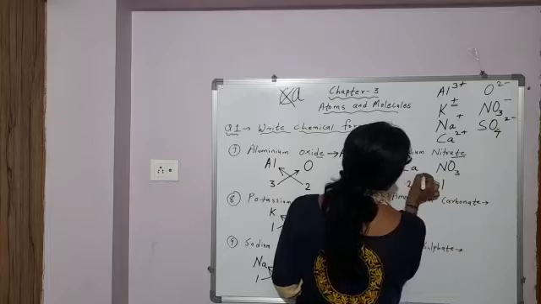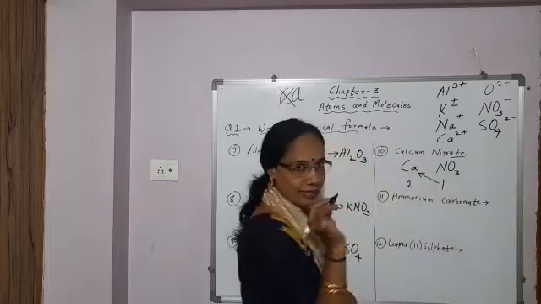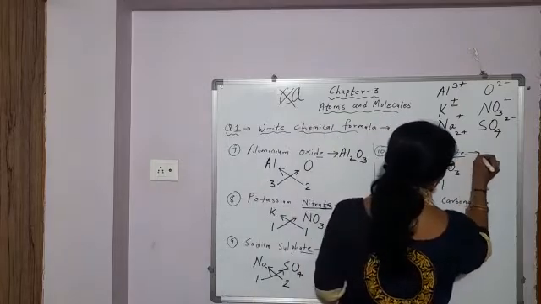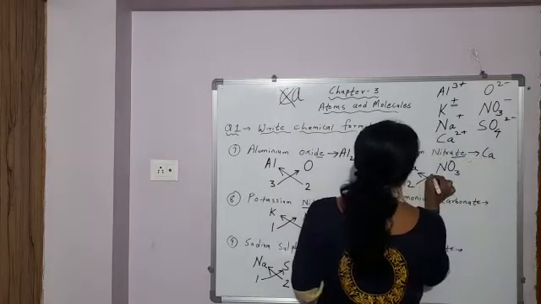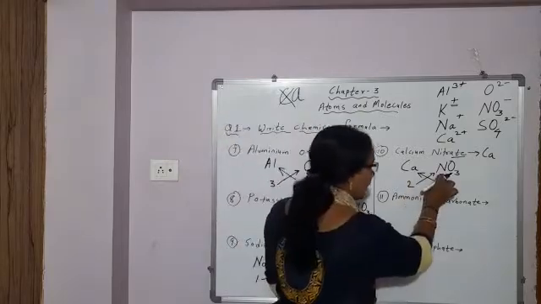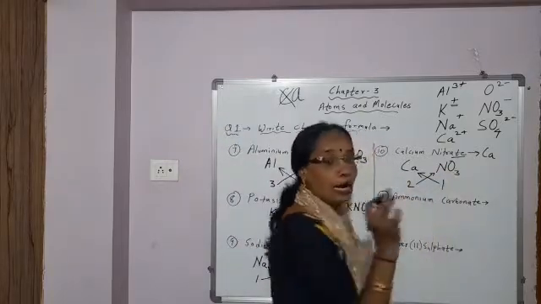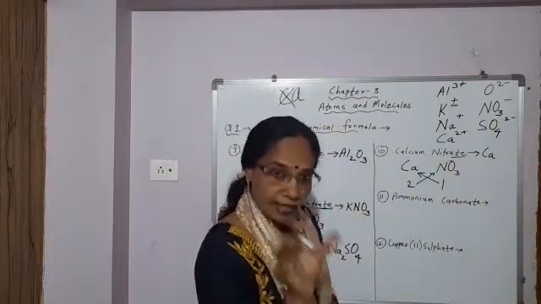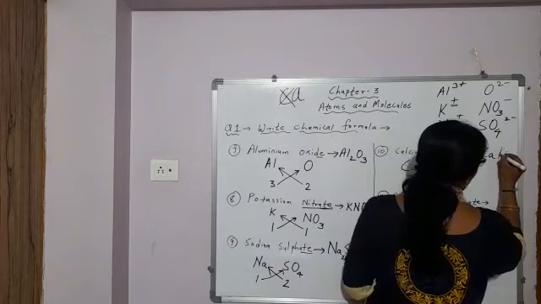Now cross multiply. 1 will go with Ca. You will not write Ca1, simply write Ca. Then 2 will go with NO3. NO3 is a group of atoms carrying negative charge. It is a polyatomic ion, and when there is a polyatomic ion, you will put a bracket.